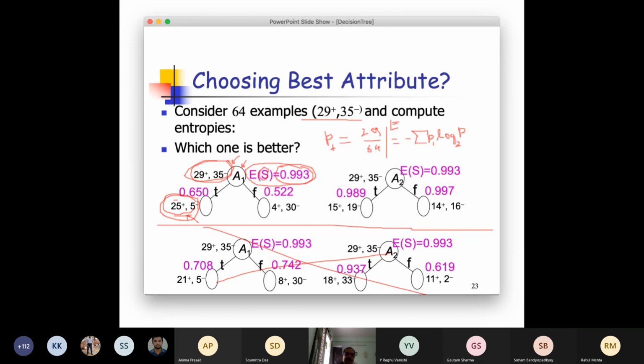You are using the same method of computing entropy for this distribution, and you get 0.650. That is also true for this one; using the same method, you get 0.52. Now with respect to this attribute, these are the two partitions. You have computed the entropy of this partition and of this partition.